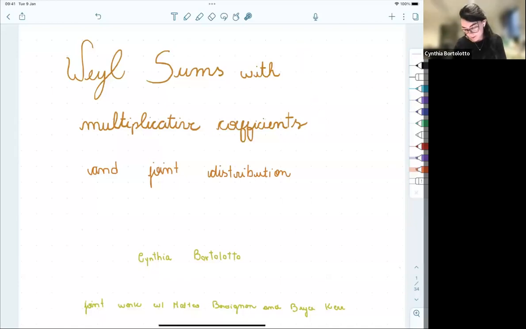Then we'll solve partially this first problem, and then I'm going to briefly talk about how we deal with the left cases. This talk is a joint work with Matteo Bordignon and Bryce Kerr.